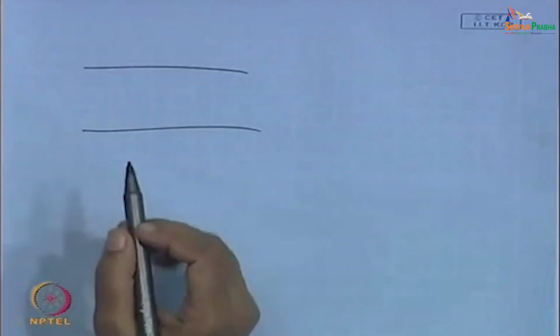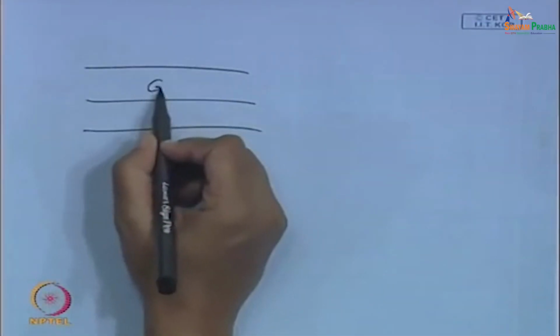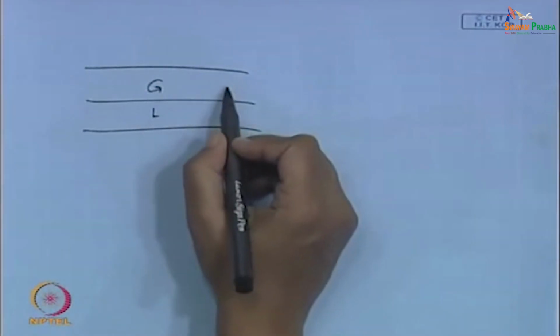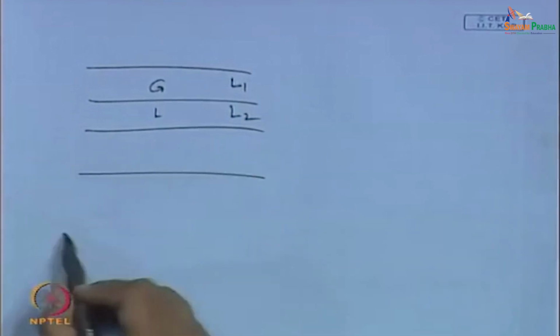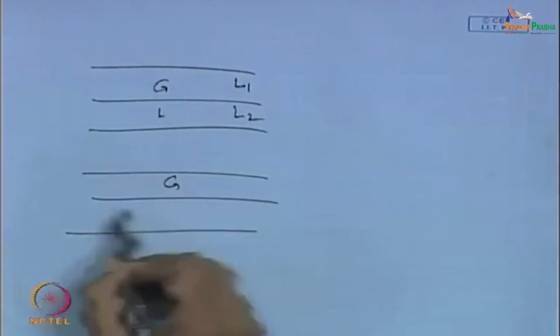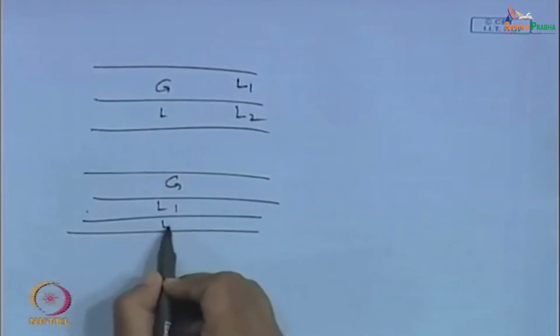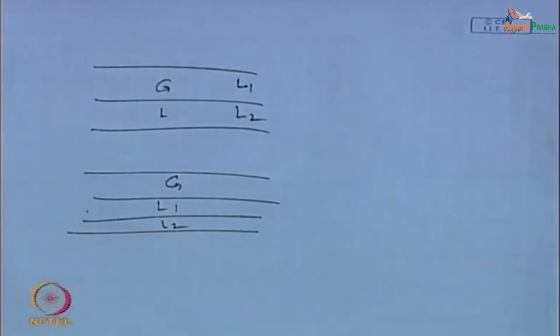We find that at very low flow rates, in a horizontal pipe, the tendency of stratification will be there. So, at first glance what appears to us is, initially we had a gas phase and a liquid phase, or if it is liquid we have L1, L2. In this particular case at very low flow rates we will be having G, L1, L2, okay, which has been shown in this particular case.